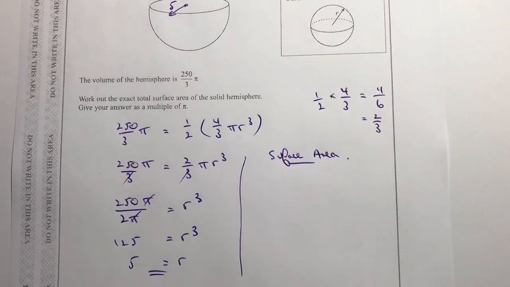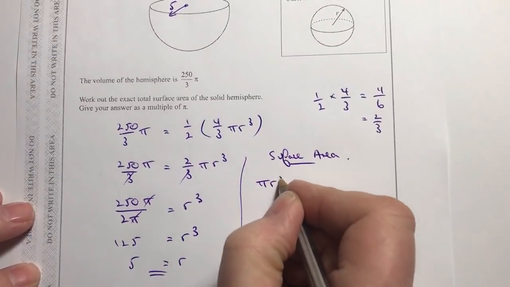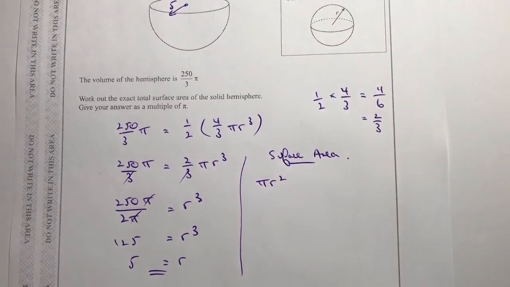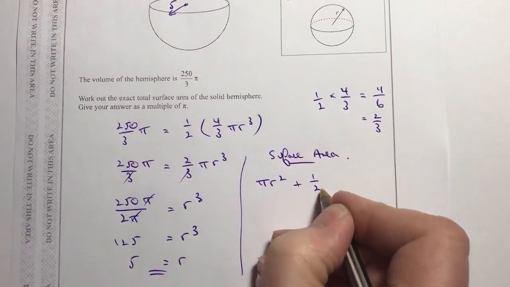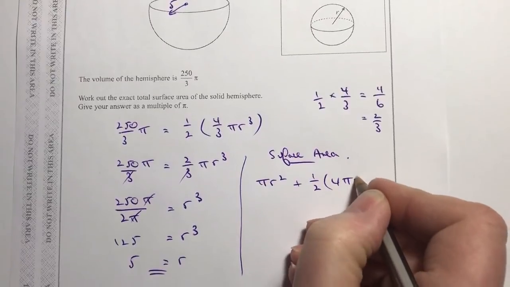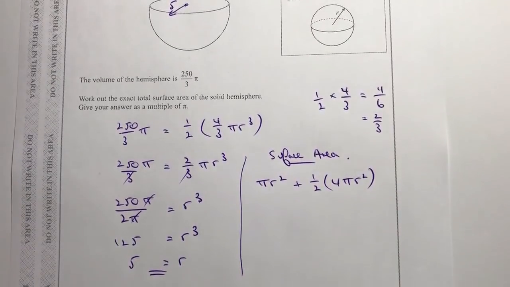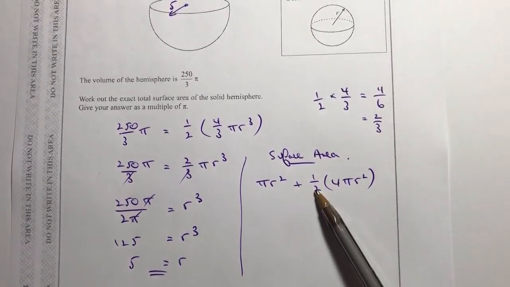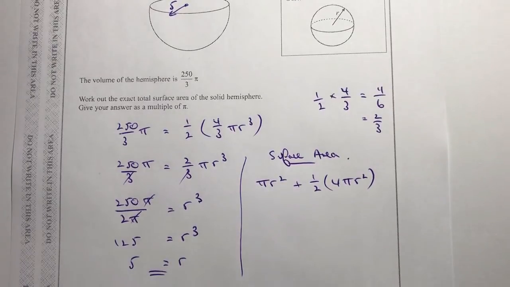That's going to be pi r squared, which is our standard formula for the area of a circle, and then I'm going to add that to a half of 4 pi r squared. Just be really careful, they usually give you these half spheres to play with, so do be careful to make sure that you include the half each time.